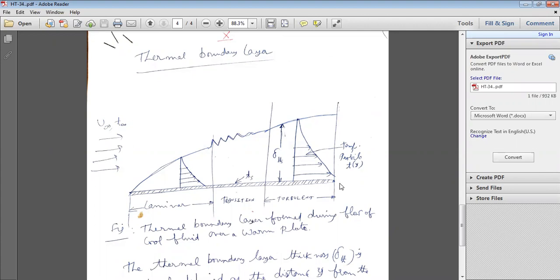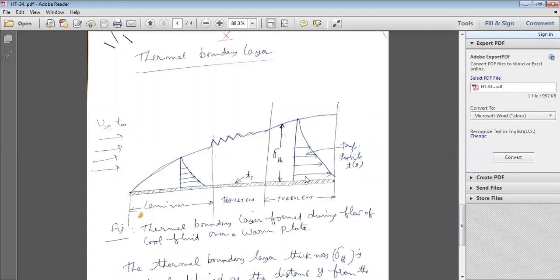Between x2 and x equal to L, there is the turbulent boundary layer. Here is the temperature profile in the laminar region. Temperature varies along the y direction, giving the temperature profile.